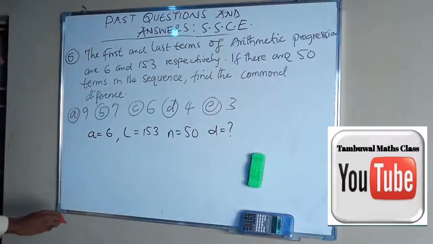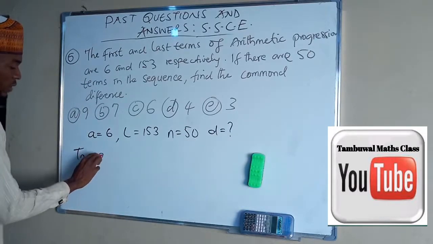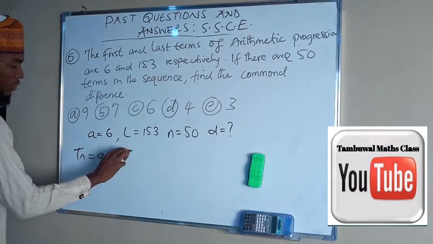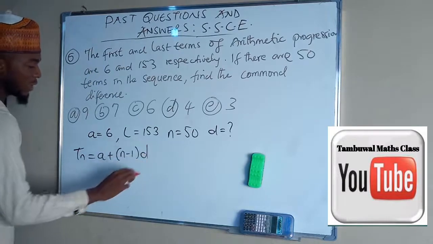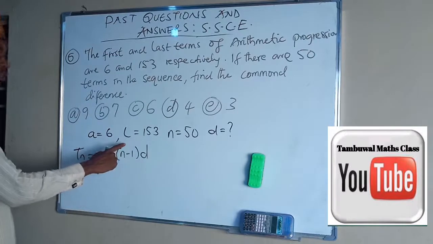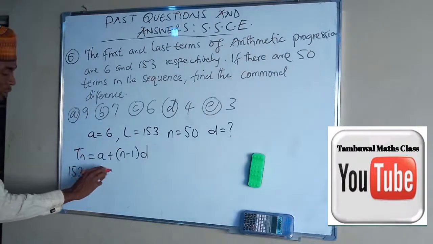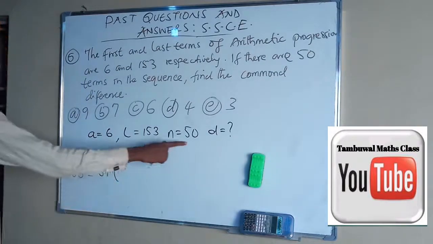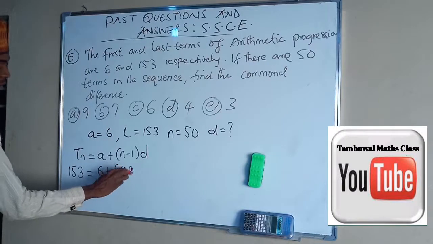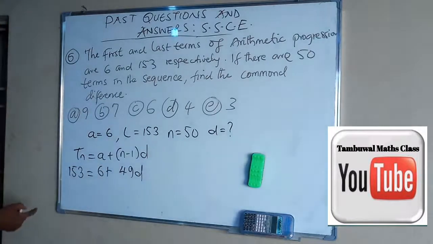The general term of an arithmetic sequence is given as Tn equals A plus n minus 1 times D. And every term is Tn, even the last term, so we can substitute L as Tn. So we have 153 equals 6, which is A, plus n is 50 minus 1, 49, times D. By bringing 6 to the left hand side, it becomes negative.